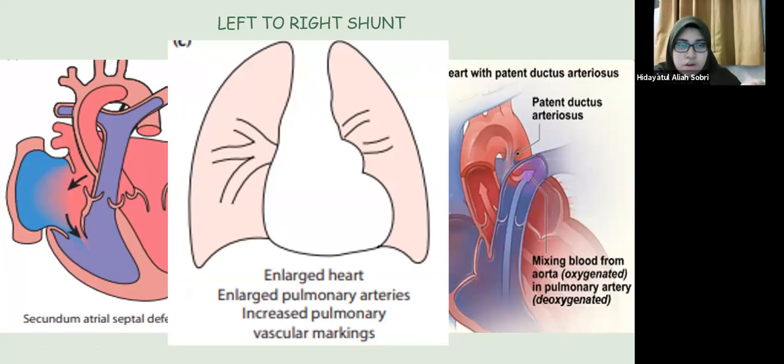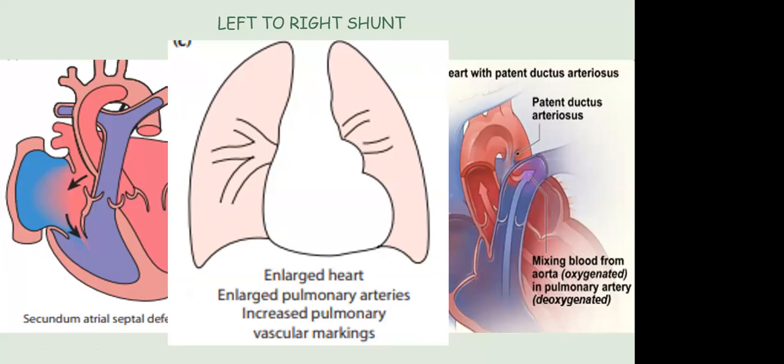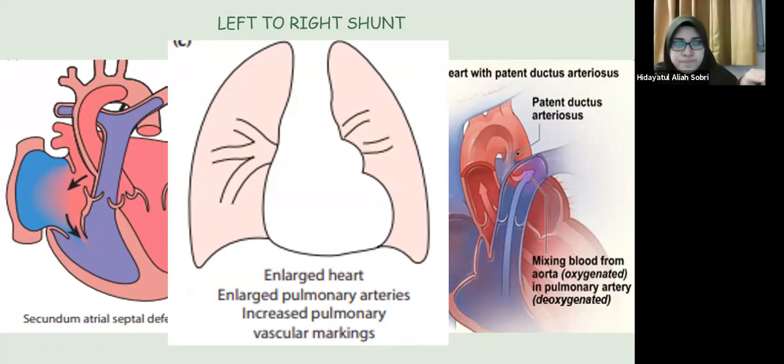And also when there is increased pulmonary blood flow, the blood from the lung will go back to the heart, so the venous return will also become high. So when the venous return is high, more blood will enter the left atrium and the left ventricle. So the left atrium and the left ventricle also will become dilated. At the end, it will become hypertrophy.